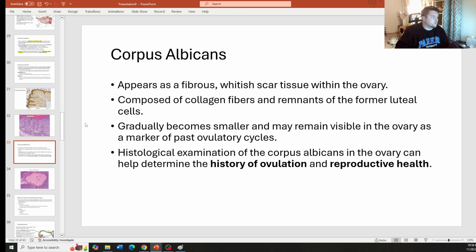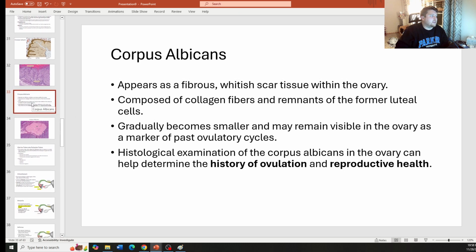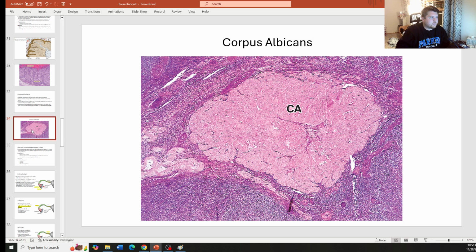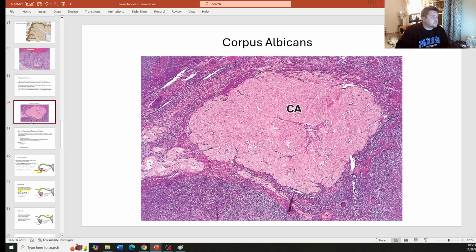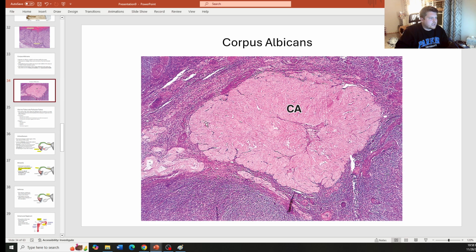So it's kind of a cool little thing that you can look at. There's our corpus albicans. You can see it's literally just kind of a ball. There's no real cellular structure to it because this is not functional. It doesn't do anything. It's basically like a little tiny nugget of scar tissue.